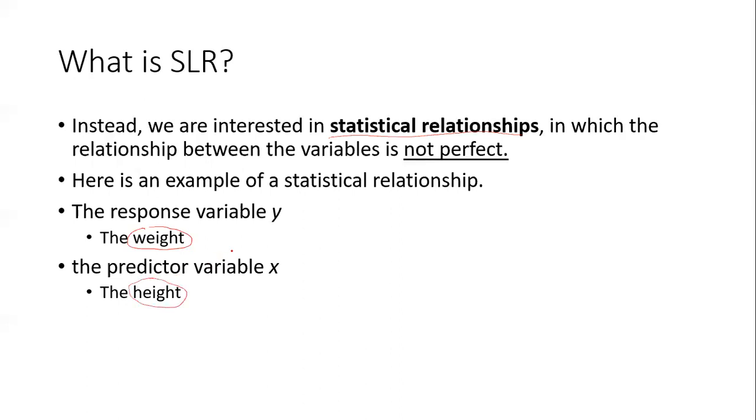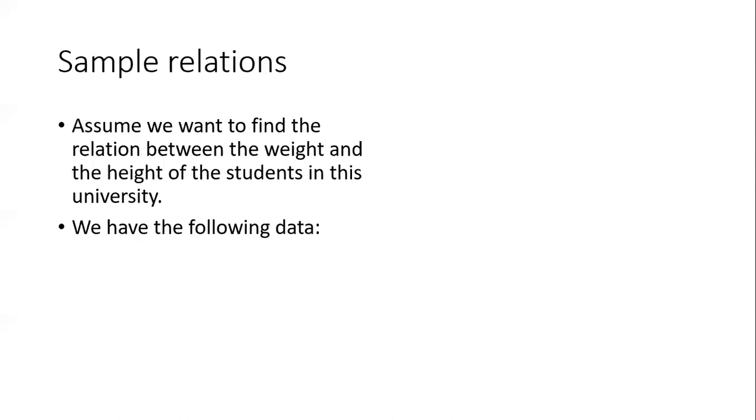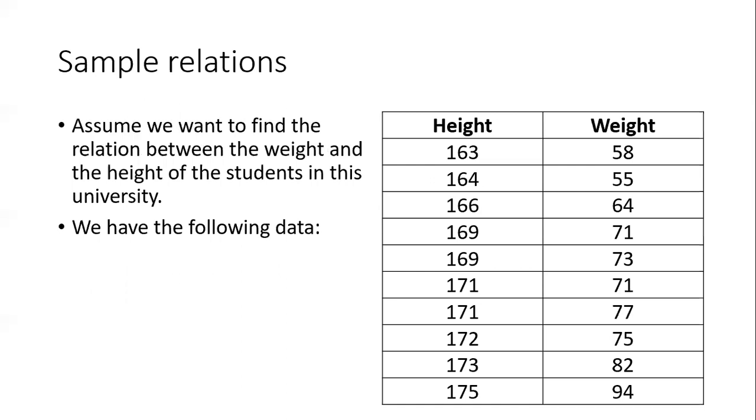So your weight depends on your height. What you expect to see is that if somebody is taller, then his or her weight is higher. So there is a relationship between the weight and the height.